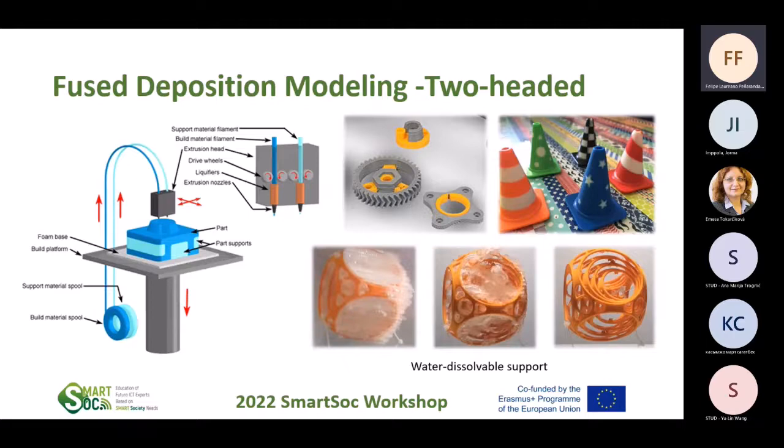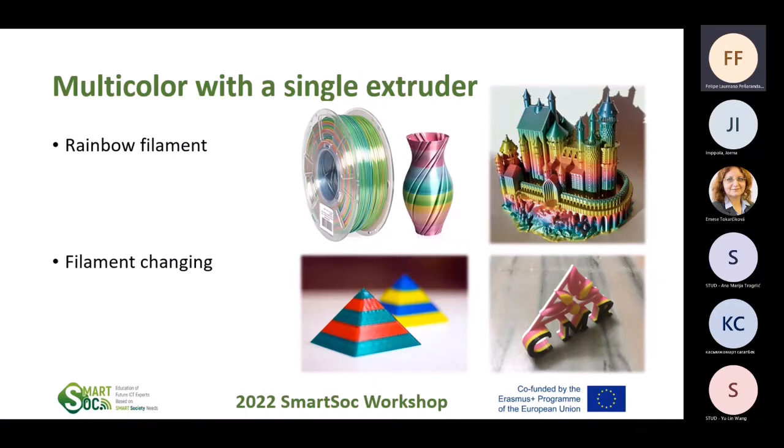So if you have got a two-headed device, then you will have larger flexibility for using more than one color, and also for using water dissolvable support. But what happens if we don't have a two-headed FDM printer like here, but still you would like to have colors in your object?